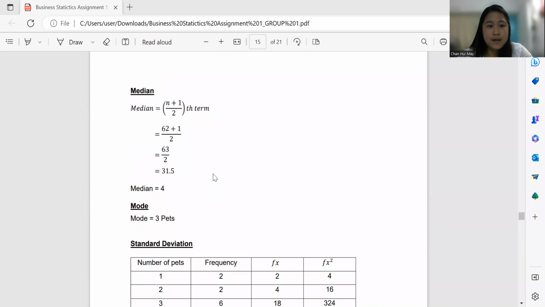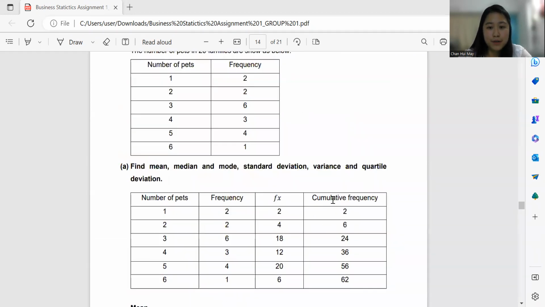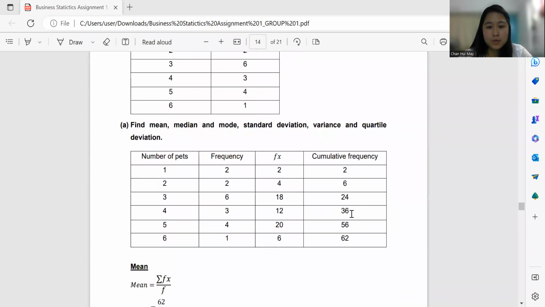The following I want to share is the median. For the median, we also need to find the location first, and the formula is (n plus 1) divided by 2 term. I use 62 plus 1 divided by 2, then I get the 21.5 location. For 21.5, we look at the table, and the median is at number of pets 4.